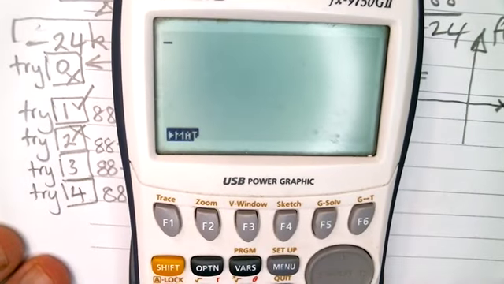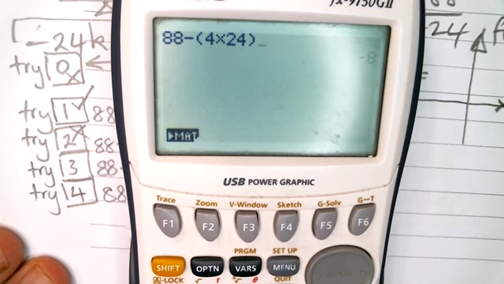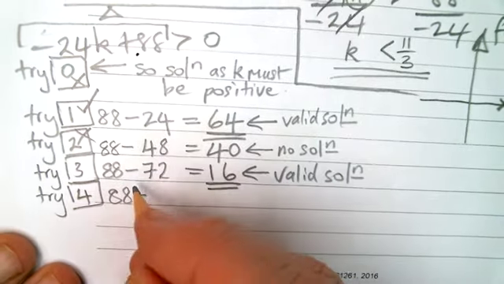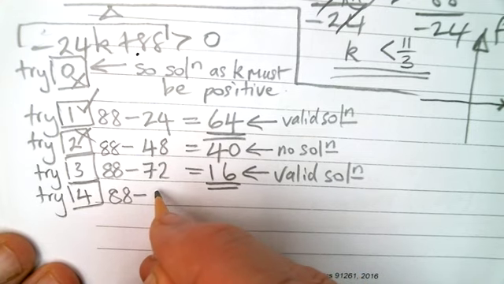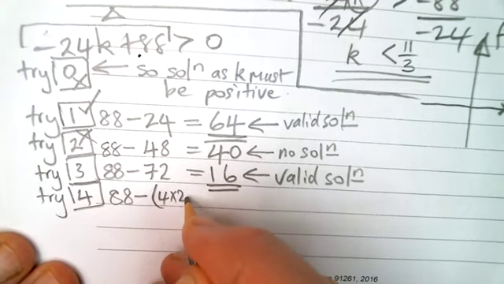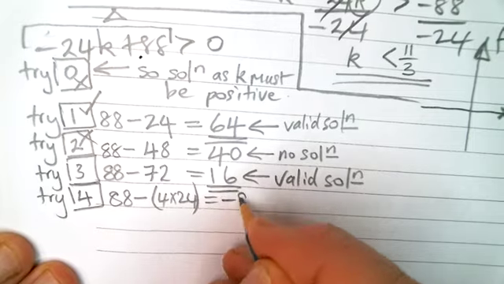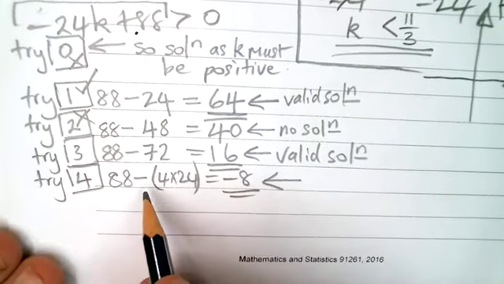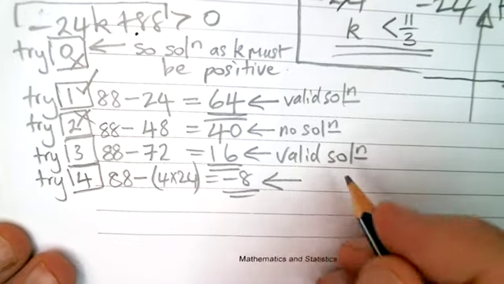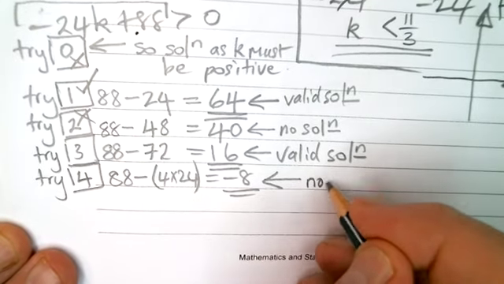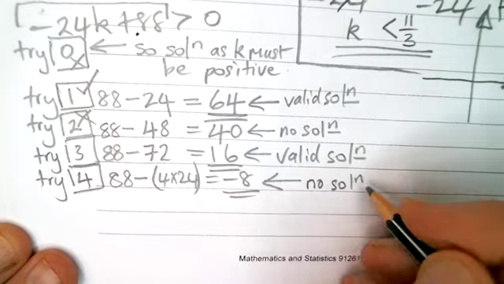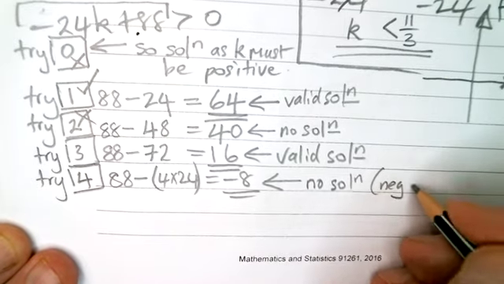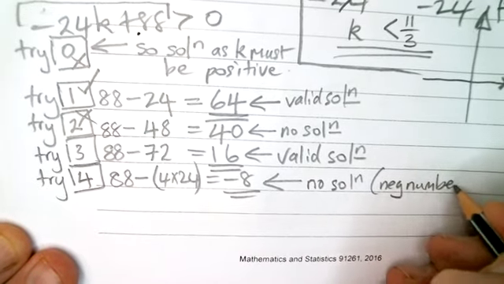I'll put 4 times 24 so you can see what I've done. It is equal to negative 8. And the solutions from here on cannot be valid because all of these are going to be negative. So no solution, negative number.